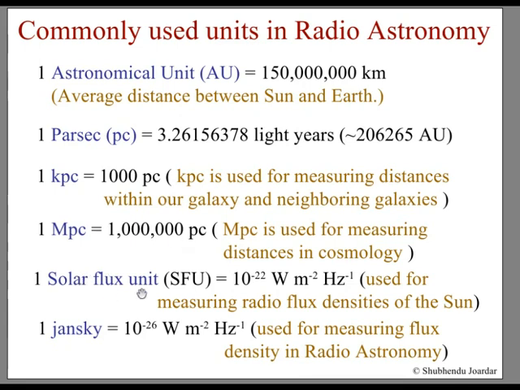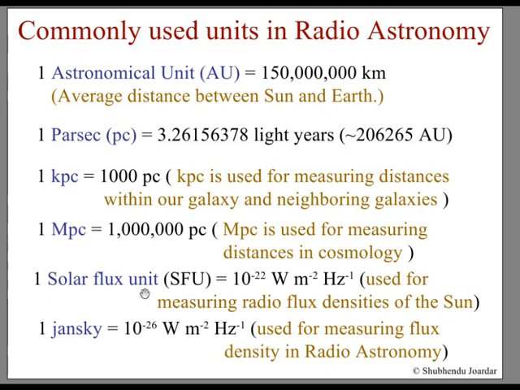Then we have the solar flux unit. Everything that we see on Earth is actually a result of some electromagnetic waves. Or I am talking about astronomical objects. We cannot go there, but we have to know about them by understanding the radiation from them. So we need some units to measure these radiations.